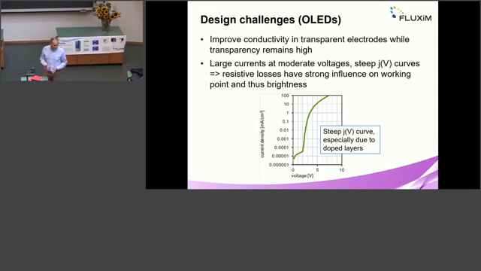So it will be a non-uniform device. So the challenge is to improve conductivity while maintaining transparency, and that's of course a trade-off. And with the simulation tool, you can play with this trade-off.